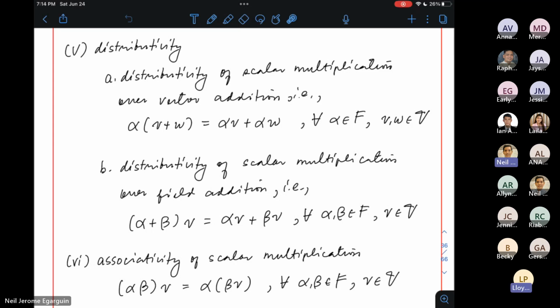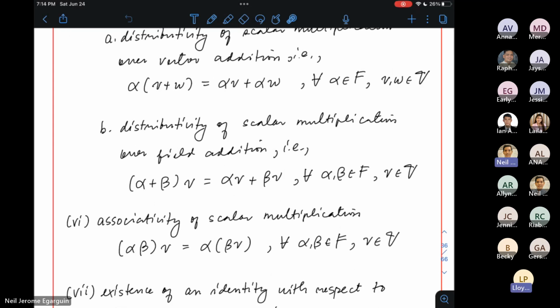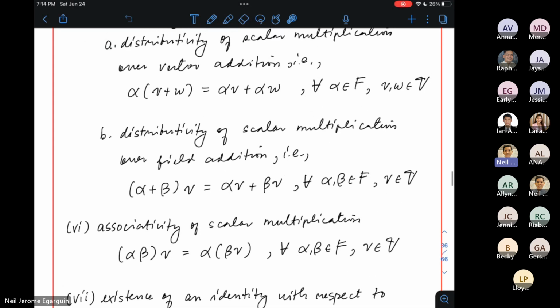Right? Now, there's another type of distributive law that should apply here, and that is distributivity of scalar multiplication pa rin, pero over field addition. Okay? So, ibig sabihin, gusto kong ipasok yung scalar multiplication sa ibabaw ng field addition.